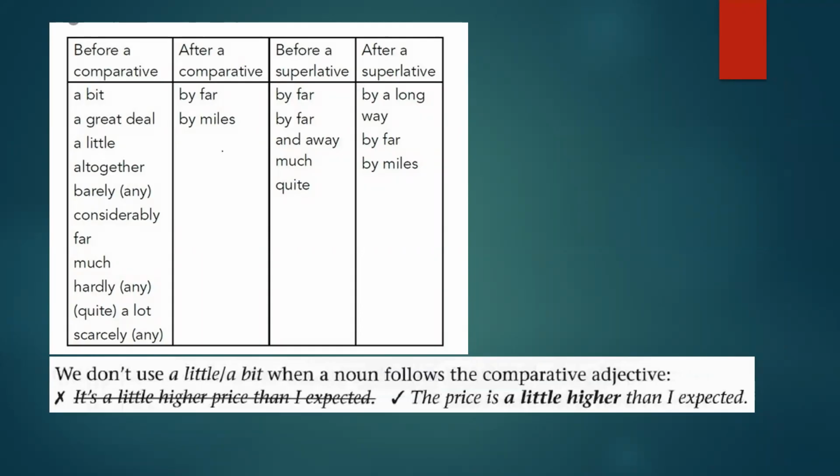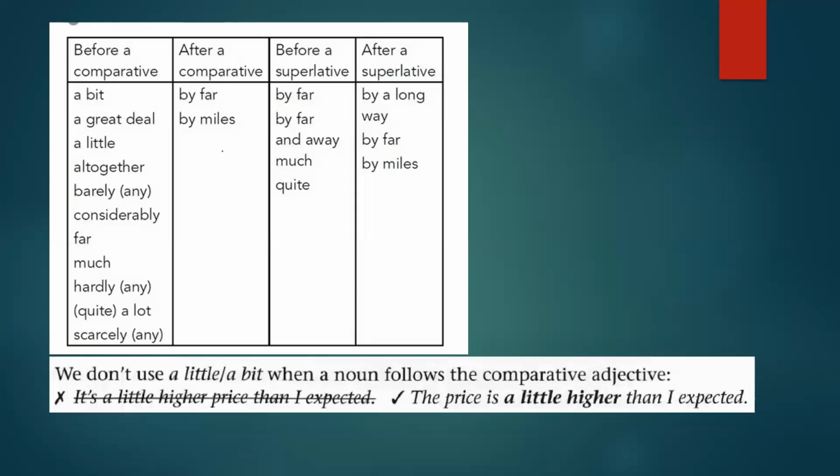And it makes your speech much more exciting: a great deal better, far more advanced, by miles. In Russian, we use only a few words and we use them only before comparative form. But in English, you see that we can use them in different variants.